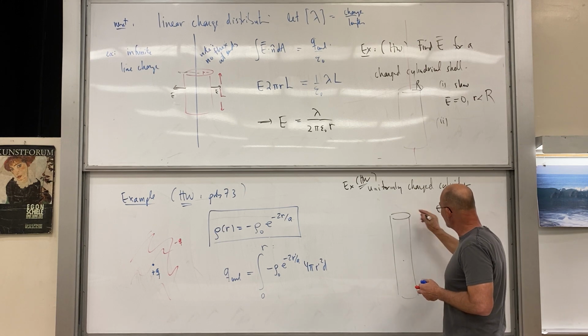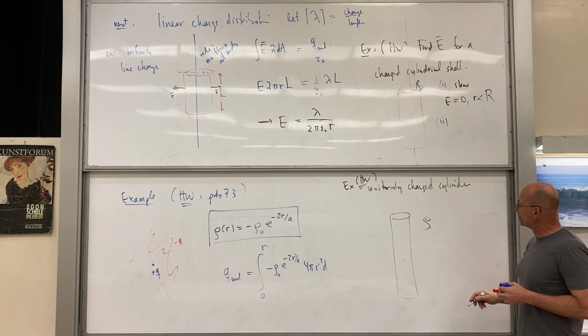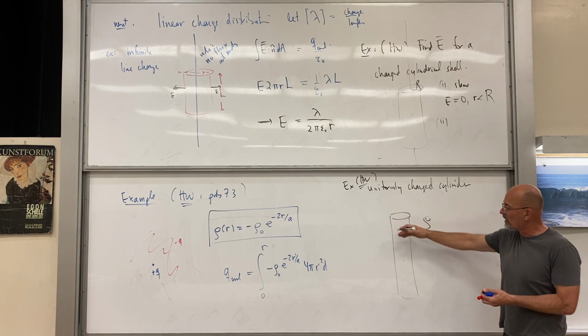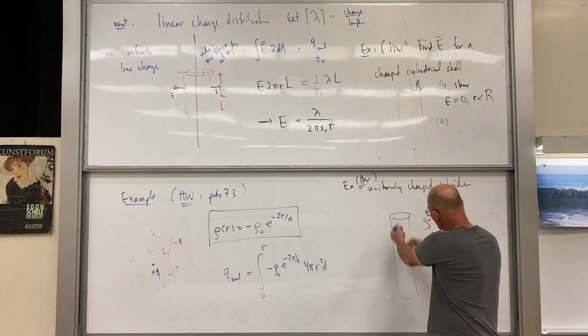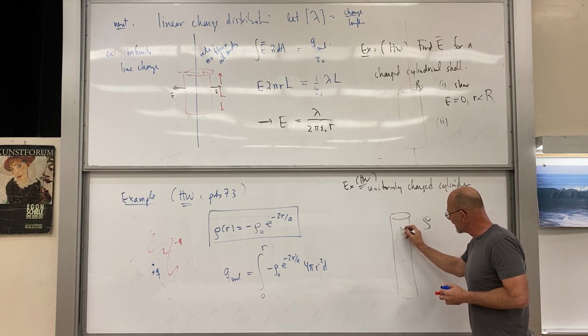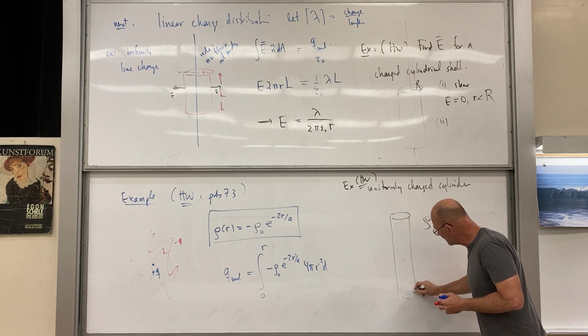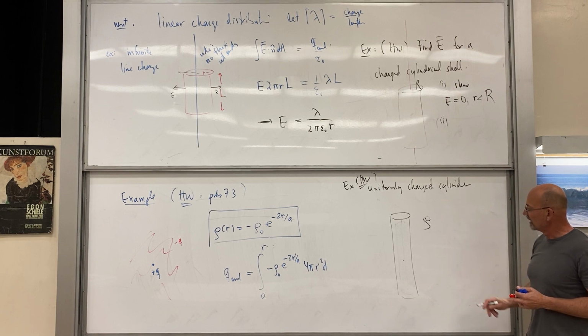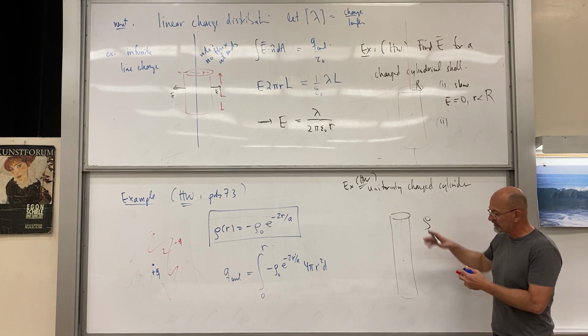You'll have a volume charge density based on total charge per volume, but then for the line density within a cylindrical shell here, you'll have to construct the line density based on integrating up some sub volume of that cylinder.